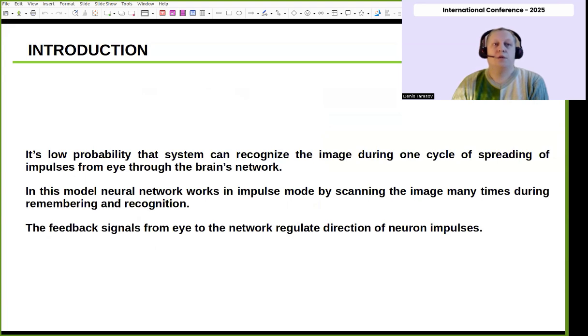In this model, the neural network works in impulse mode by scanning the image many times during remembering and recognition. The feedback signals from the eye to the network regulate the direction of neuron impulses.